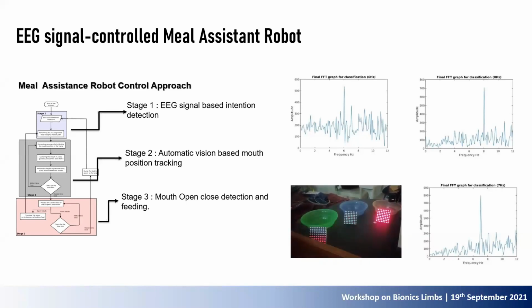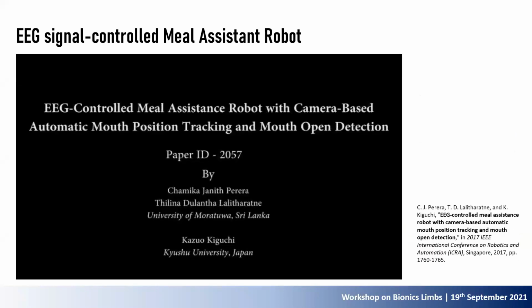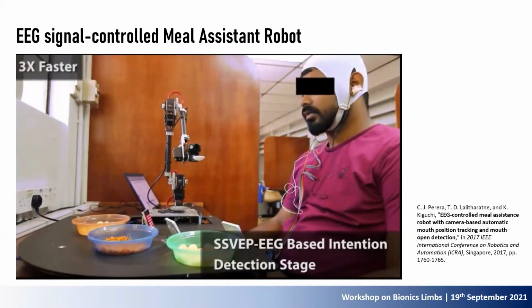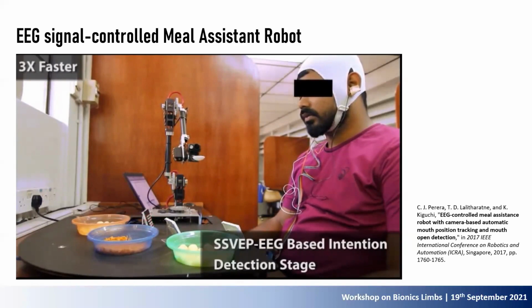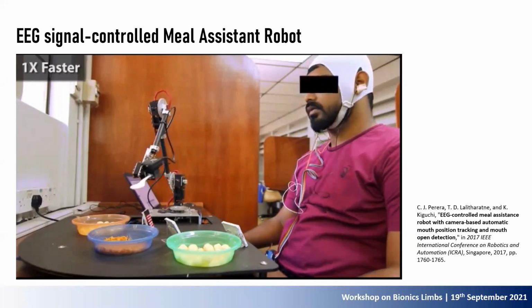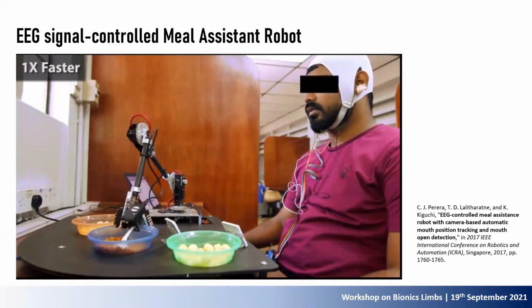And then at stages 2 and 3, we use a miniature camera to track the mouth position, mouth open and close, to basically feed the food to the user. So this video shows the results. If you want to use this system, you have to stare at one of these LED panels, and within a matter of seconds, as I remember around 10 seconds, the algorithm is able to detect the brain signals, and then it will send the signals to the robot.